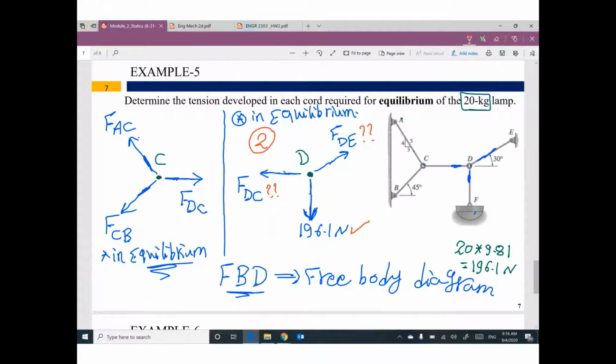For particle C, if DC is unknown, I don't know its value, if CB is unknown, if AC is unknown, so we have 3 unknowns. I will start with the least number of unknowns, so I'm going to start with D.